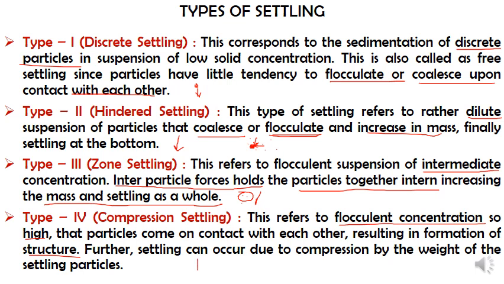For example, if these particles are being settled down, and similarly the particles above are about to settle down, the uppermost particles will add their weight on top of the settled particles. In turn, there will be compression of the settled particles. This process will continue until the settling is complete.